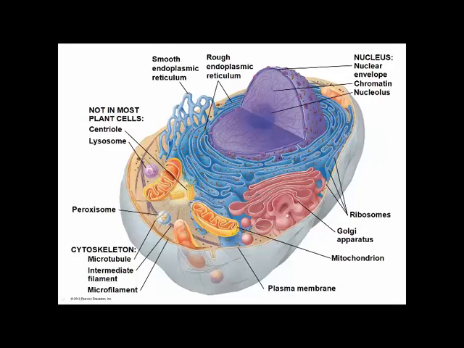Also, the Golgi apparatus is an extension, part of the endomembrane system, as well as the lysosomes. Lysosomes don't look to be physically connected, and neither does the Golgi, but we'll find that all these membranes are derived from the same place, and so they're all part of the endomembrane system.